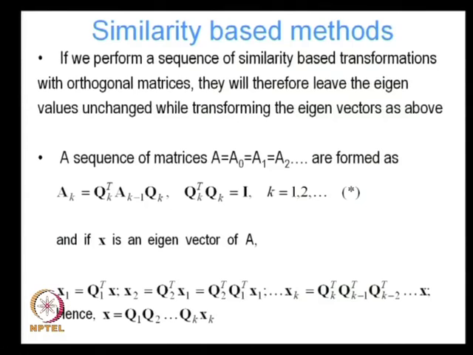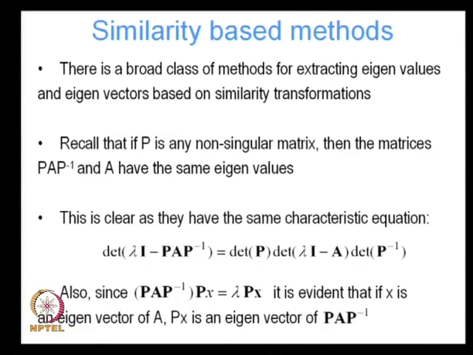So, in similarity based methods for extracting eigenvalues, we perform a series of similarity based transformations with orthogonal matrices that will therefore leave the eigenvalues unchanged while transforming the eigenvectors as above. We know that if P is any non-singular matrix, then it leaves the eigenvalues unchanged and it transforms the eigenvectors like this, right.